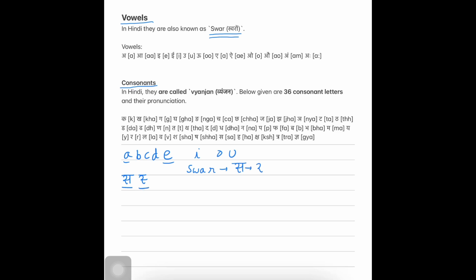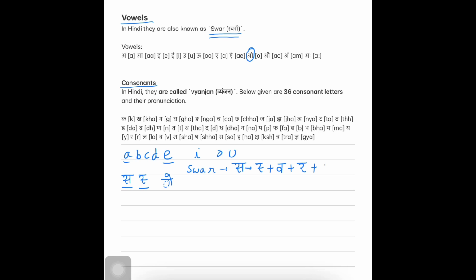So half sa plus the next consonant wa plus ra. This consonant you have studied. Then comes a matra, or a symbol of the O vowel, which we have studied.